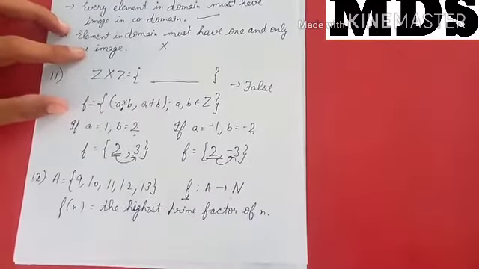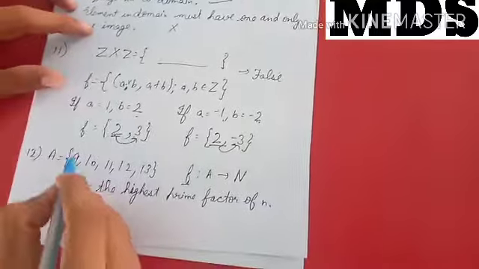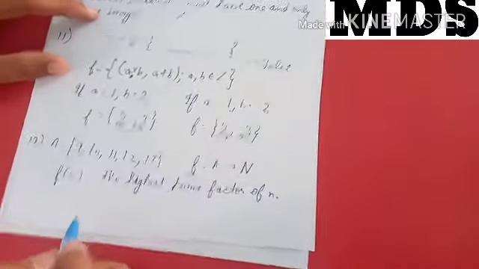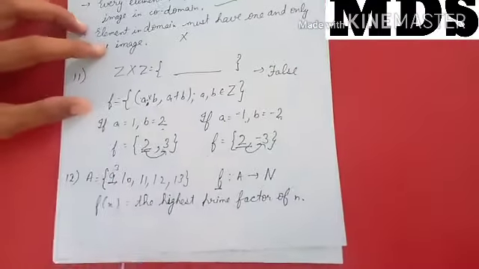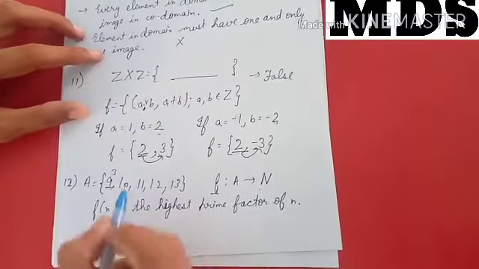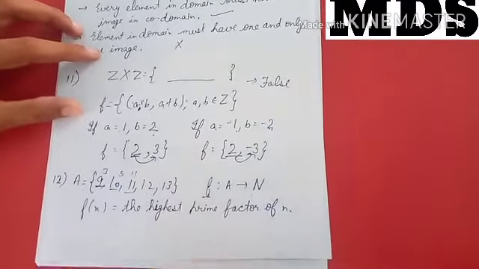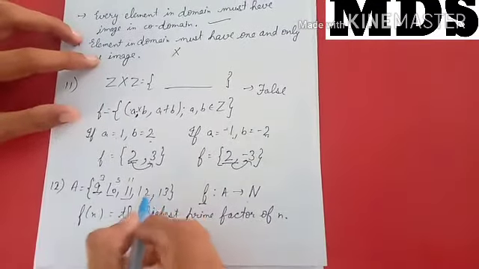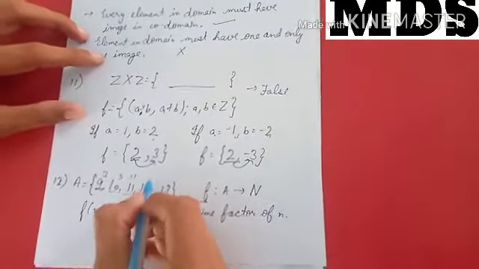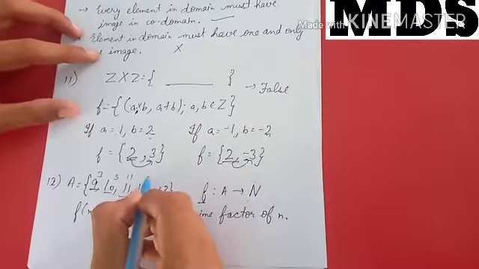Okay, now we can solve it generally. We know the highest prime factor of 9 is 3. The highest prime factor of 10 is 5. Of 11, it is itself a prime number, so it will be 11. Of 12 it will be 3.